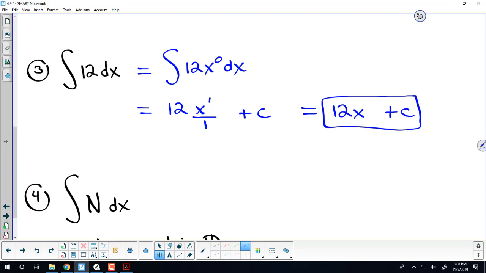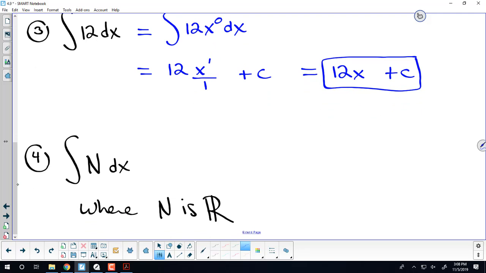So what's the antiderivative of any real number? Yeah, plus c. The antiderivative of any constant is that constant times x plus c. Do you have any questions?